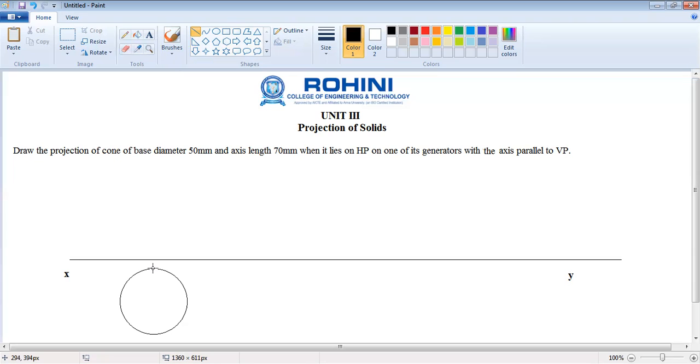Here I am going to divide this into 8. You all know how to divide the circle into 8 parts.